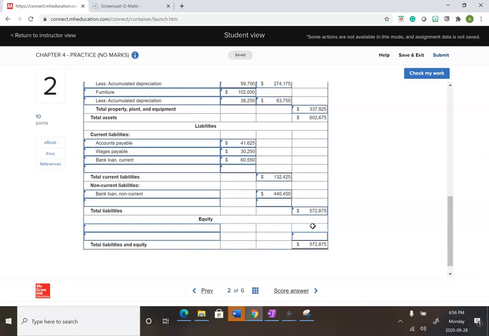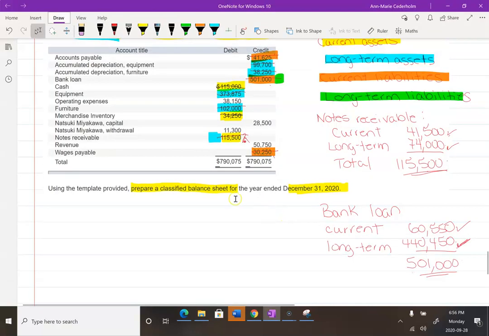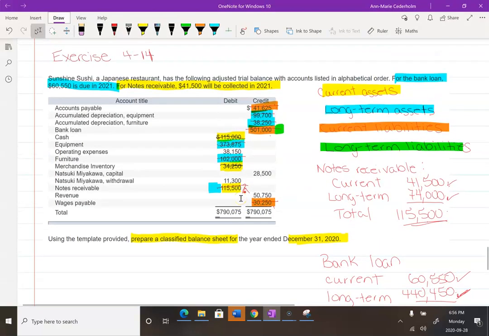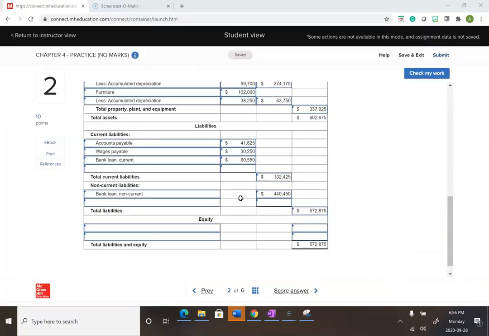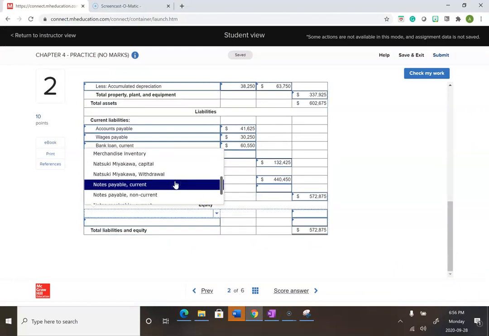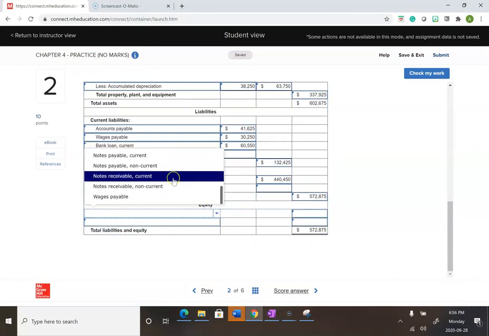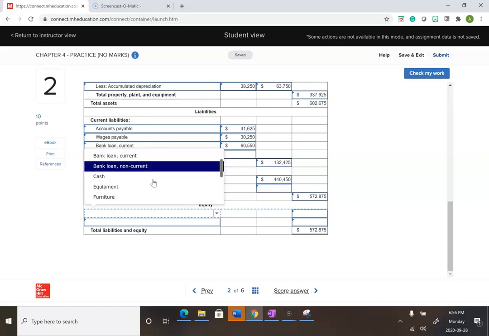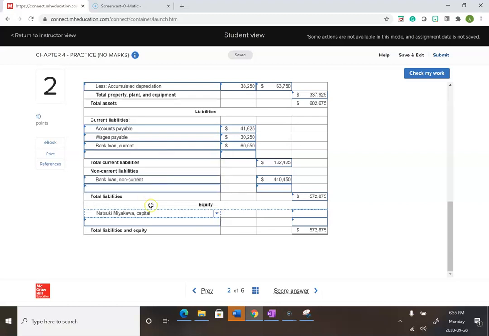So now what I need to do is put in my capital account, so my equity account. So I'll show you two ways to do it. I'll use a really quick way. So what you can do is put in your equity account. So Natsuki Capital.